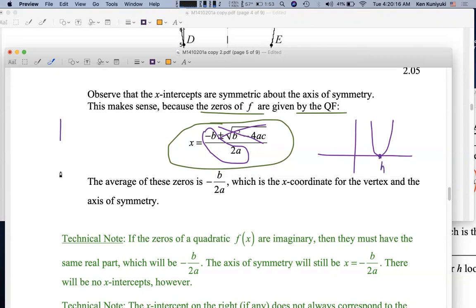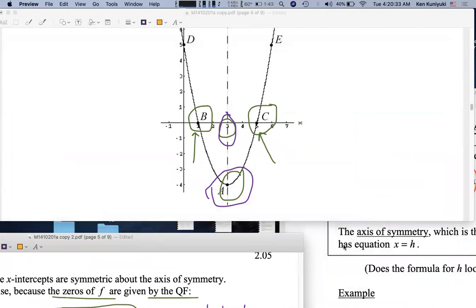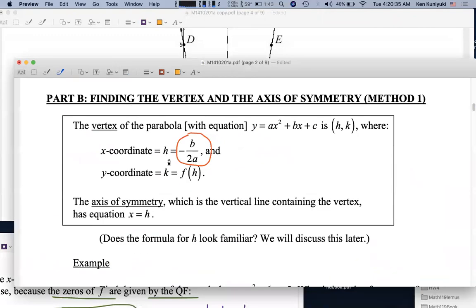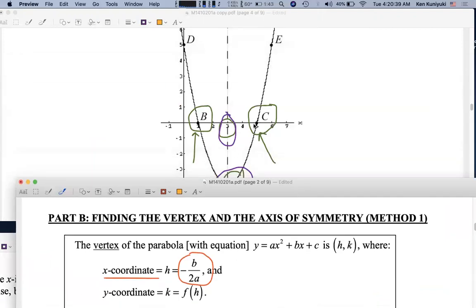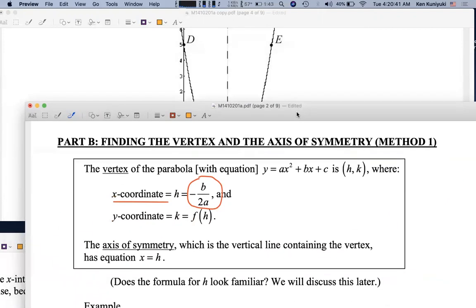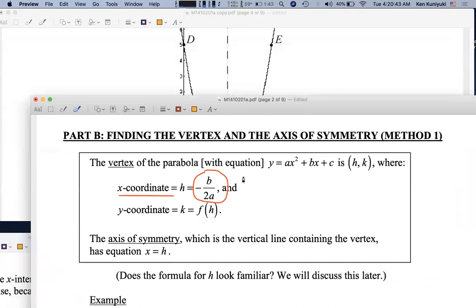But the funny thing is that even for a flying parabola, it turns out that the opposite of b over 2a will give the x-coordinate of the vertex even in that case, although it's not as easy to visualize why that's the case. But at this point, you should see why it makes sense that the opposite of b over 2a is the formula for h, the x-coordinate of the vertex. It's the average of the x-intercepts if they're real. But see, it's the case even if they're not real.